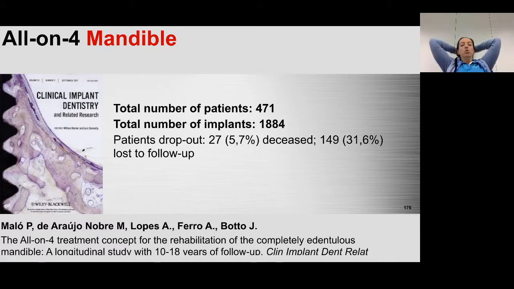Coming to the long-term follow-up of 18 years of the All-on-4 in the mandible, we got together 471 patients with 1,884 implants placed.